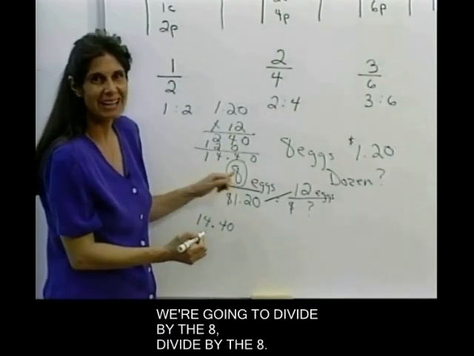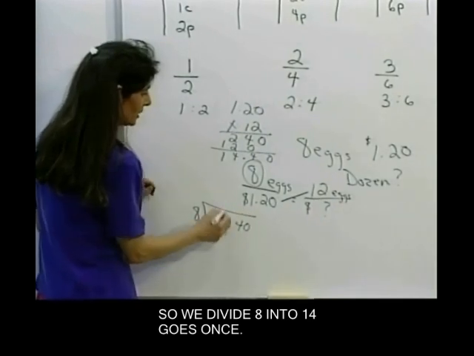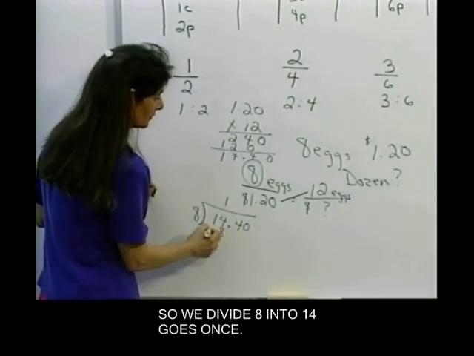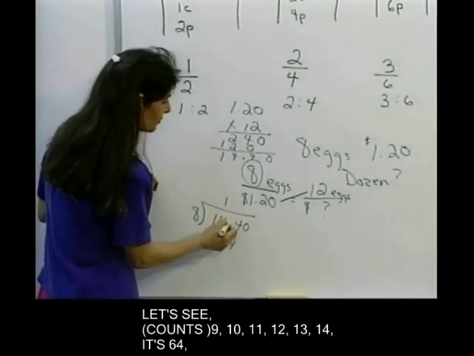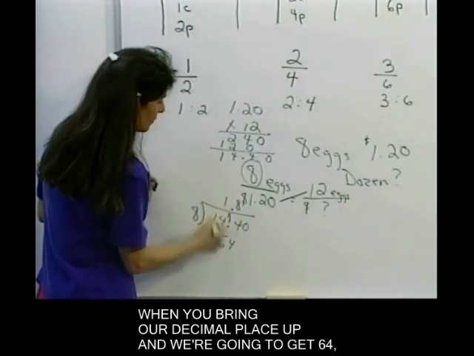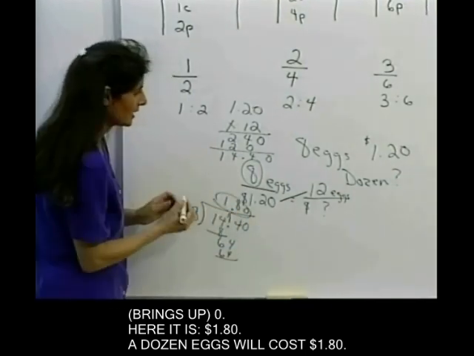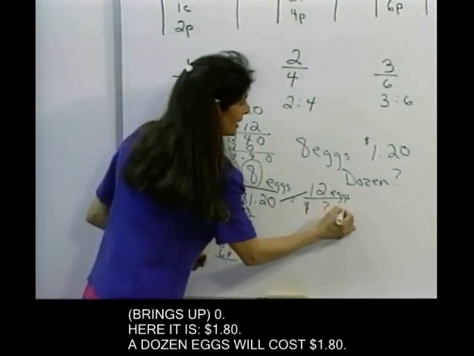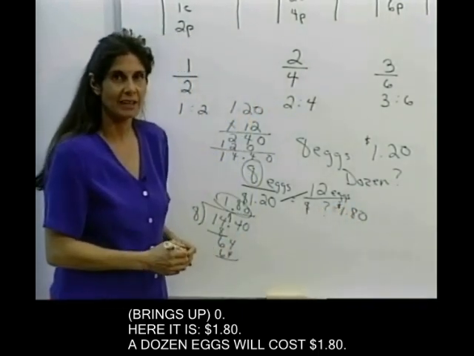We're going to divide by the 8. So we divide 8 into 14 goes once. Let's see, 9, 10, 11, 12, 13, 14, that's 64. We're going to bring our decimal place up, and we're going to get 64, 0. Here it is, $1.80. A dozen eggs will cost $1.80.